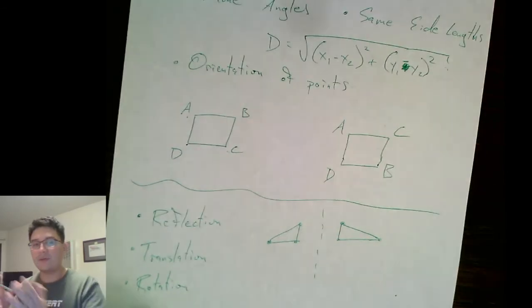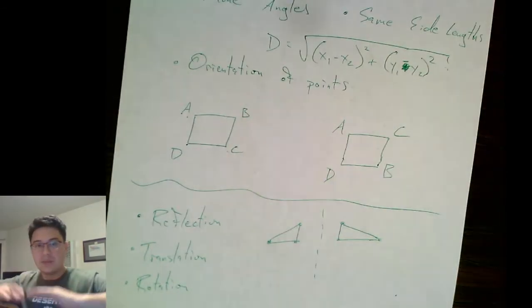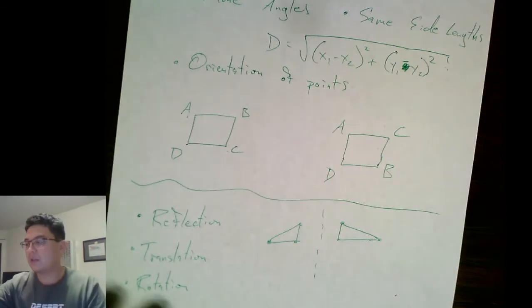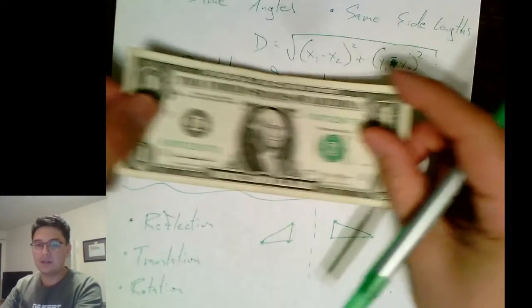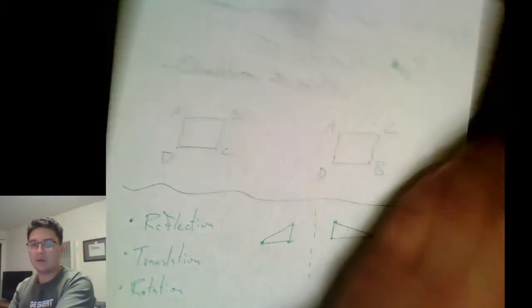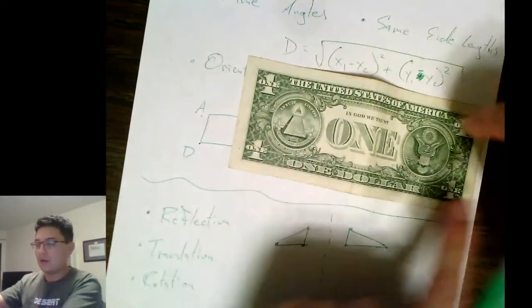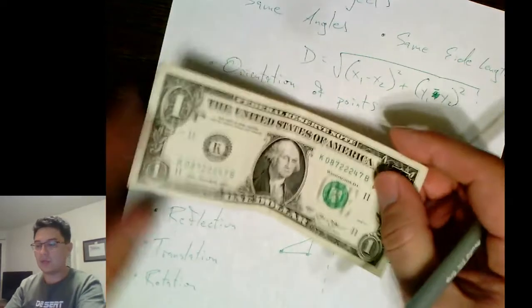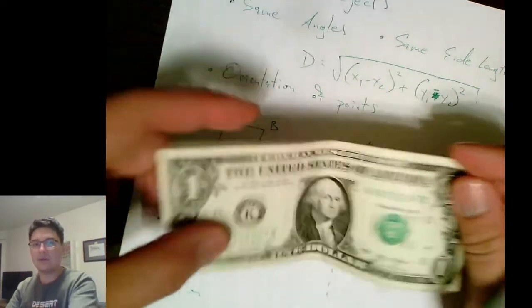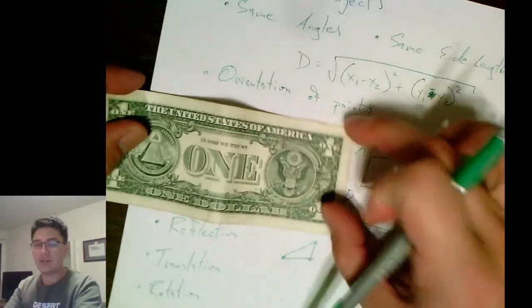So when you flip an object over across the x or y axis, like if I take a dollar bill here and flip this over a line here, the points that were originally here are now on this side. So if you think of it this way, these two points here, when I flip an object horizontally, are actually now these points over here.